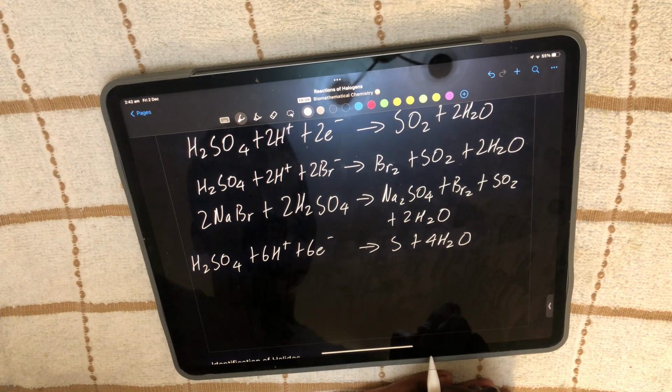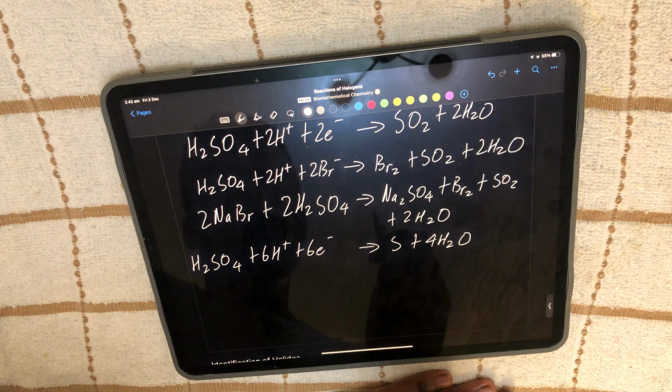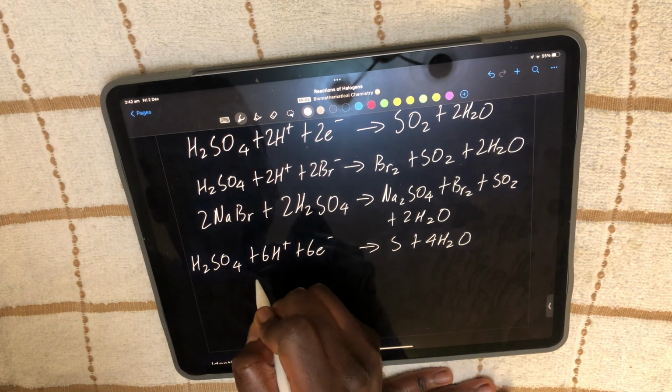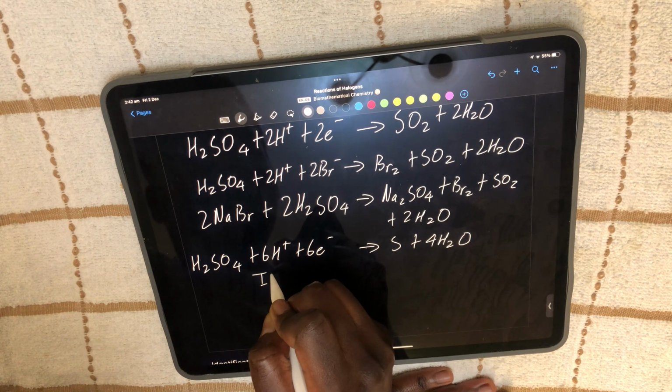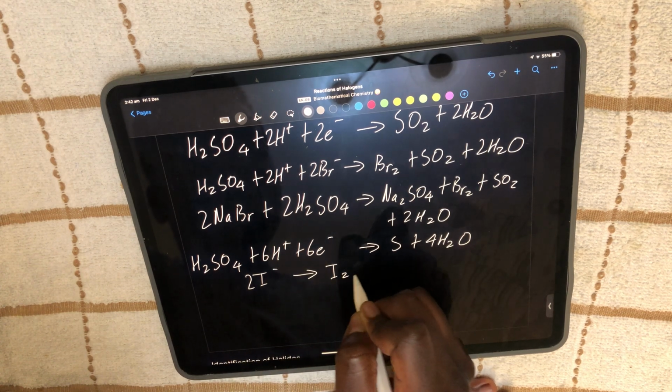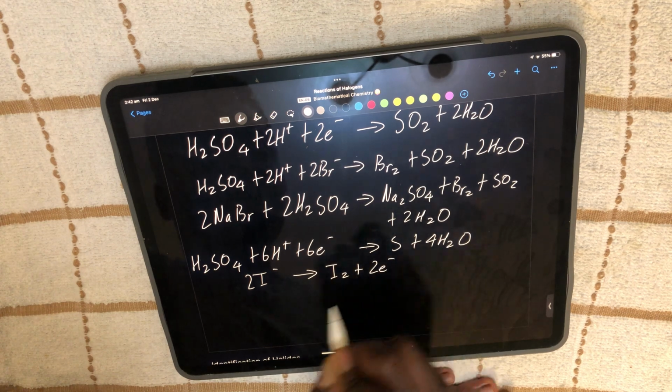And then for the sake of iodine, really, 2 I minus going to form I2 plus 2 e minus.